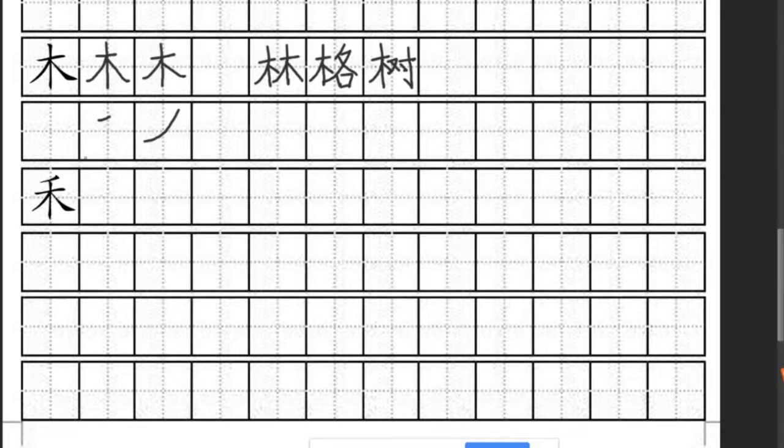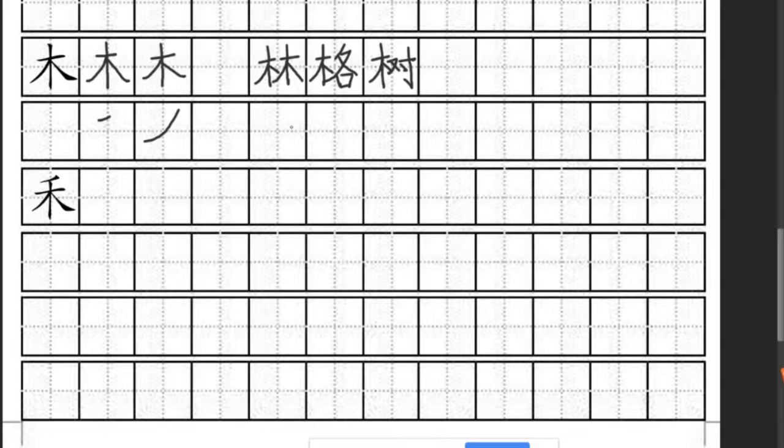禾 grain. 禾 for food like the wheat, the rice. When it's growing in the field, you can call them 禾苗. And the 禾 you use here is this character. So this character can just be seen as grain. 禾.